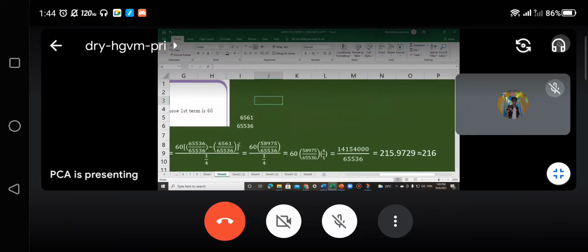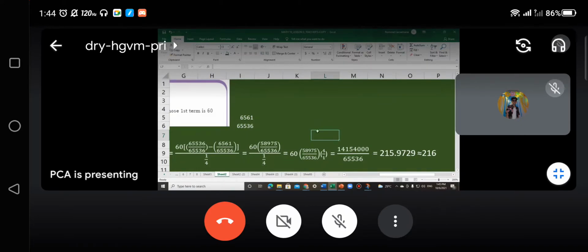So if I have 58975 and notice my denominator is 1/4, how do you actually operate this? There's full of fractions, tiny fractions and then the big fraction. All you've got to do is not touch the numerator, and convert the denominator into its reciprocal.